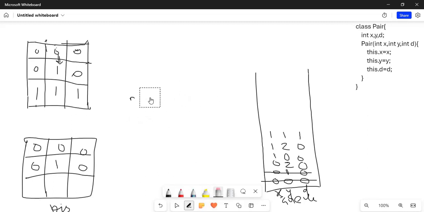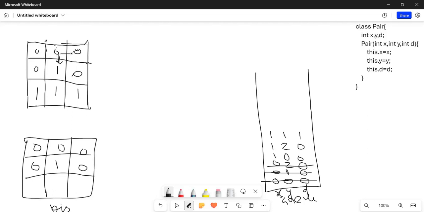This is a simple BFS approach. You will repeat this process until the queue is empty. Now let's remove another. Here x is 0. Sorry, here we have tried only three directions: up, down, and below.